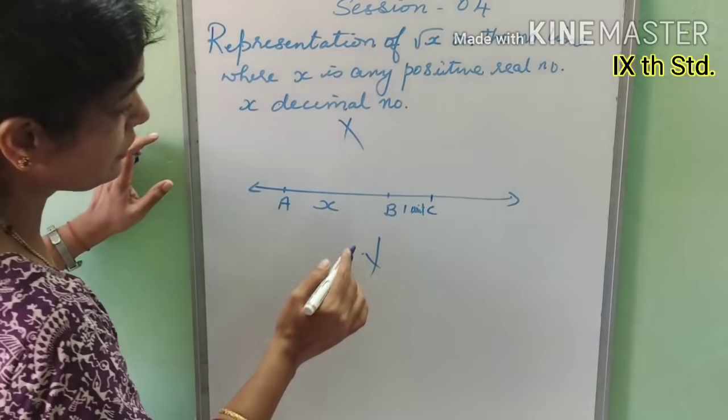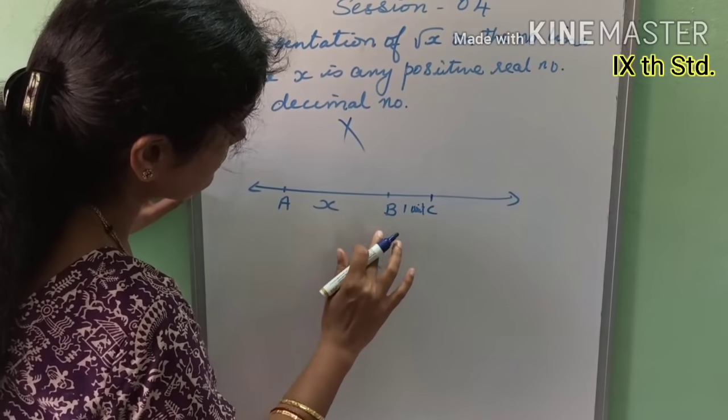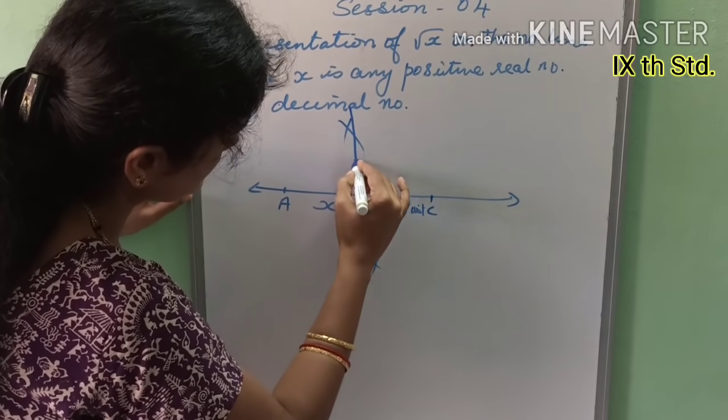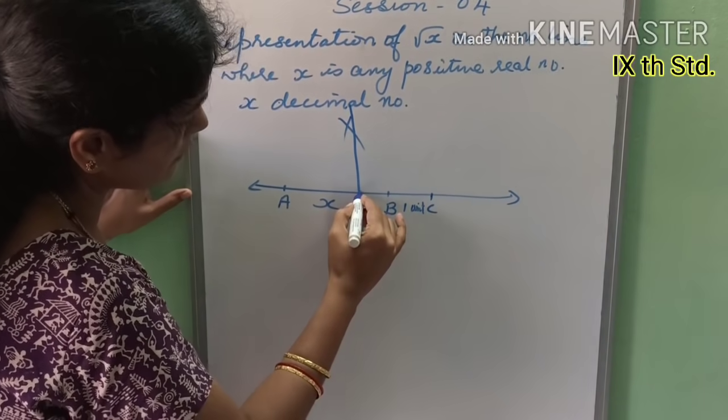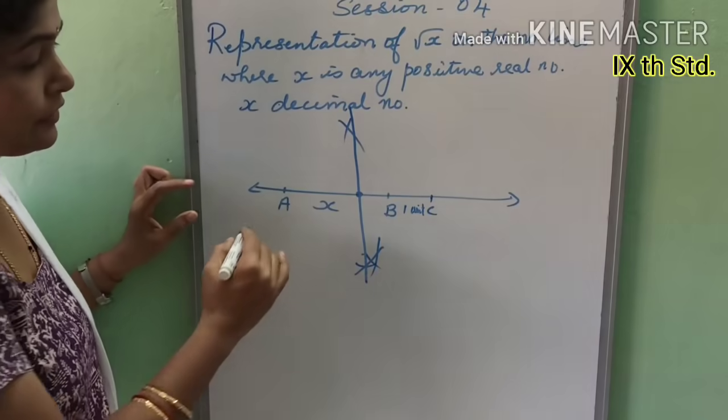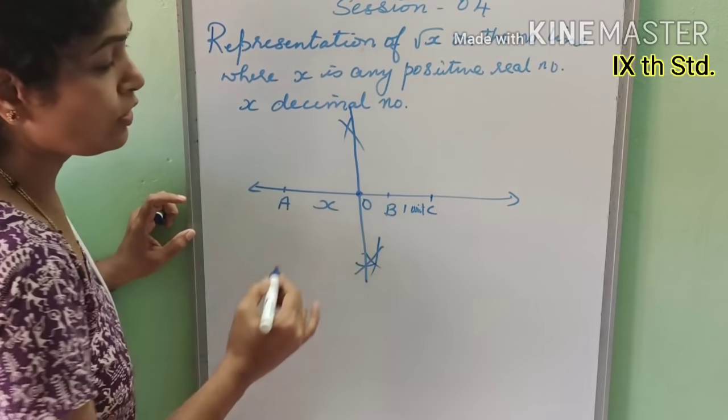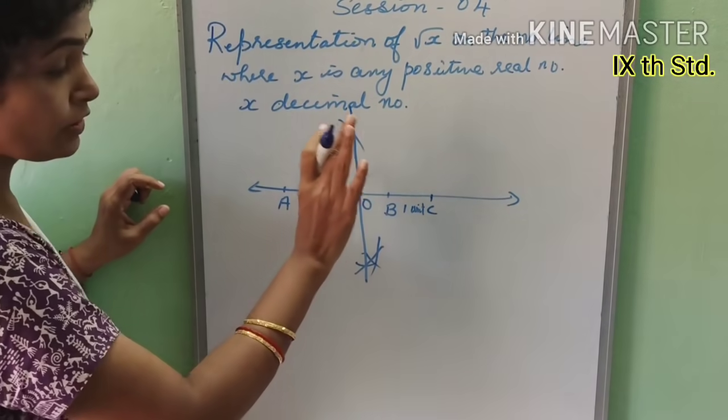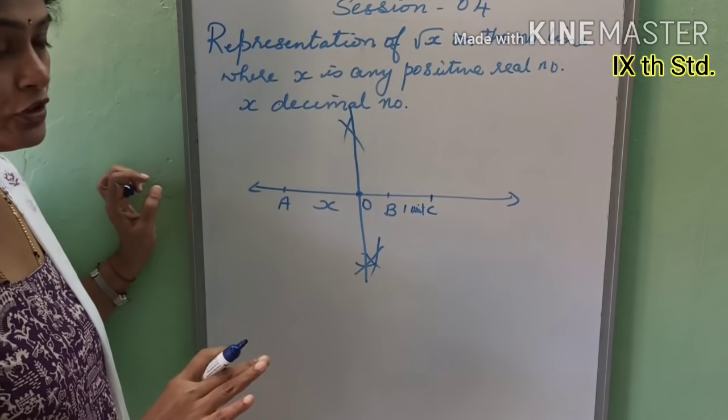This is how the perpendicular bisector you are drawing. Then this is the midpoint of AC. Say this midpoint as O. Now, with all these things you have to do with the help of your compass itself.